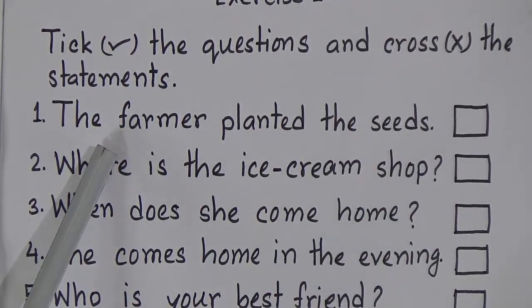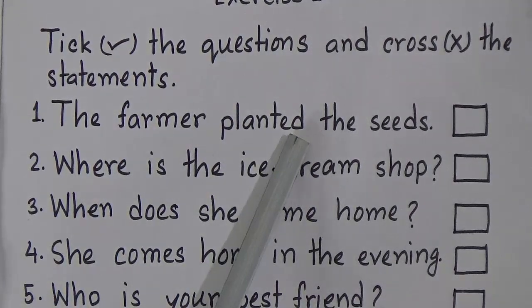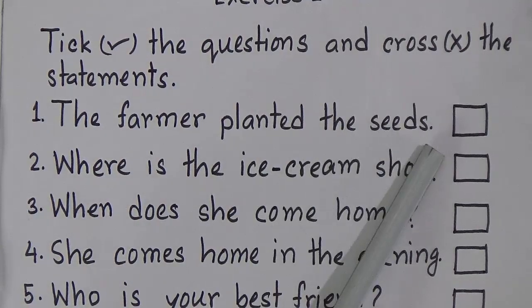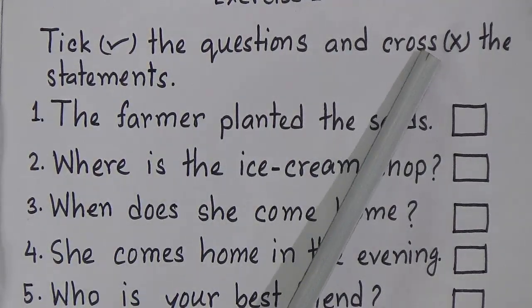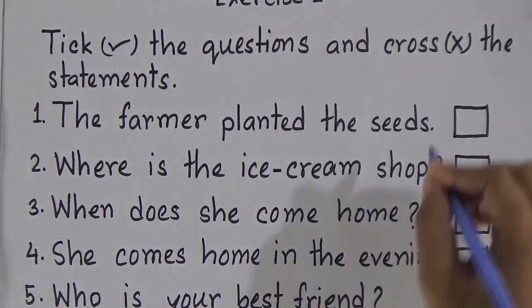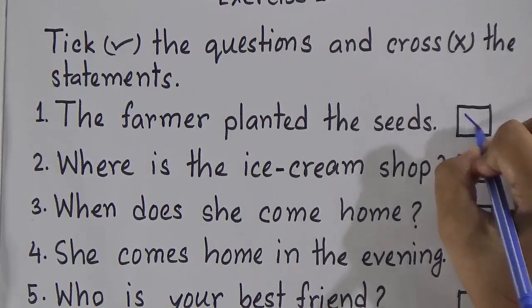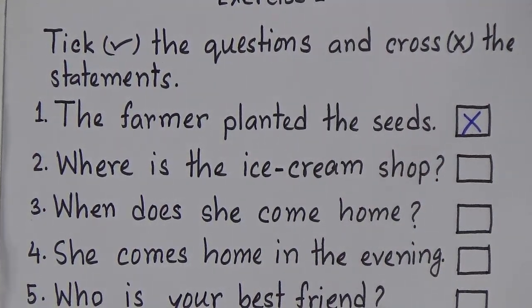So is it a question or a statement? My dear students, what is it? Yes, it's a statement. So what is our instruction? We will give a tick for the questions and a cross for the statements. So number 1 will be a cross because it's a statement.